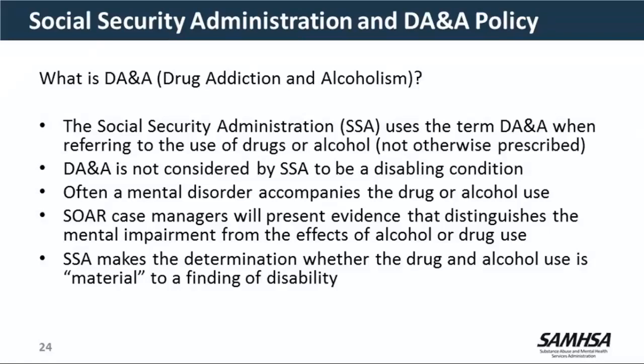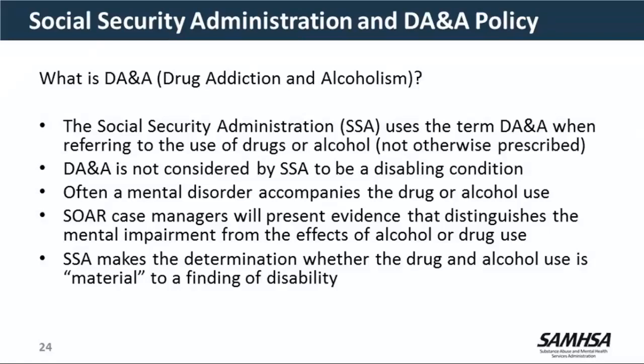So under SSA's rules, DA&A is not considered to be a disabling condition. So drug addiction and alcoholism beyond what is prescribed by a treatment provider is not considered a disabling condition.